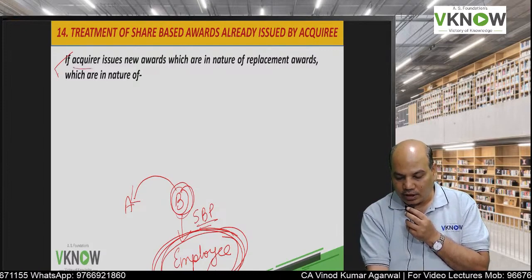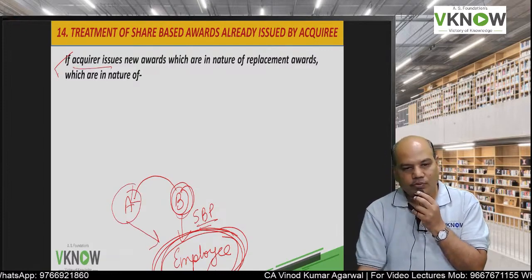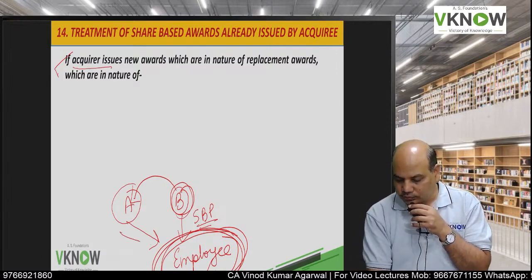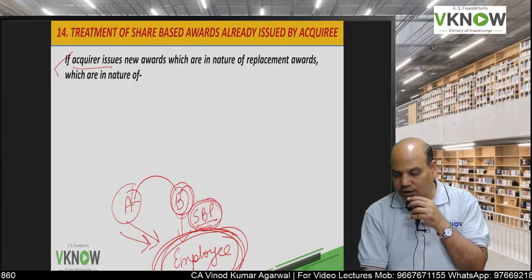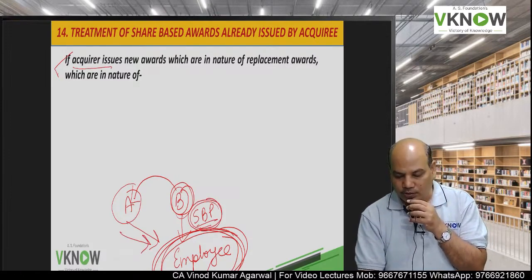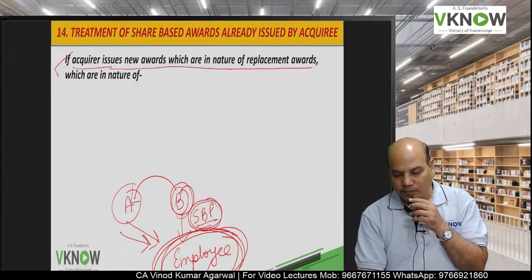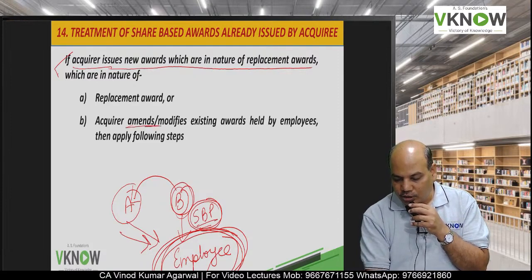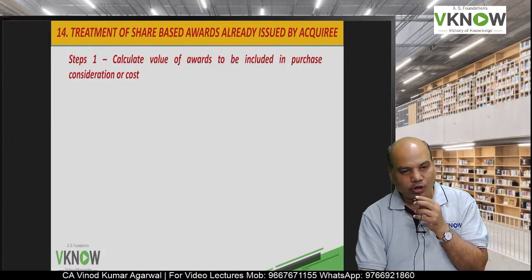So the acquirer, this company A, may say, don't worry, we will give you our share, or we will make some modification in the existing SBP only. So if it issues new awards which are in the nature of replacement awards or which are amendments or modifications to existing awards, then we'll follow the following steps.